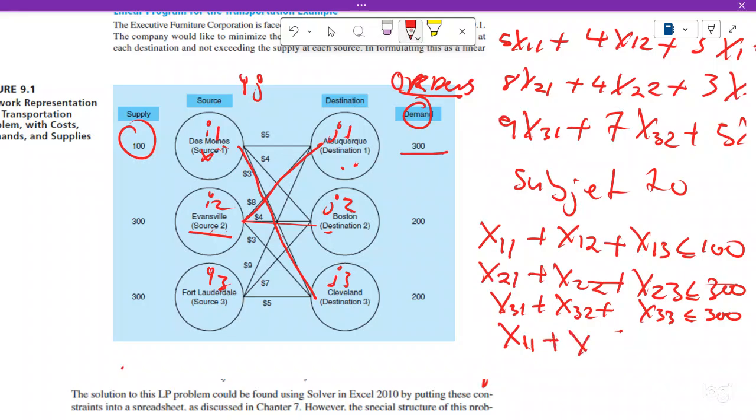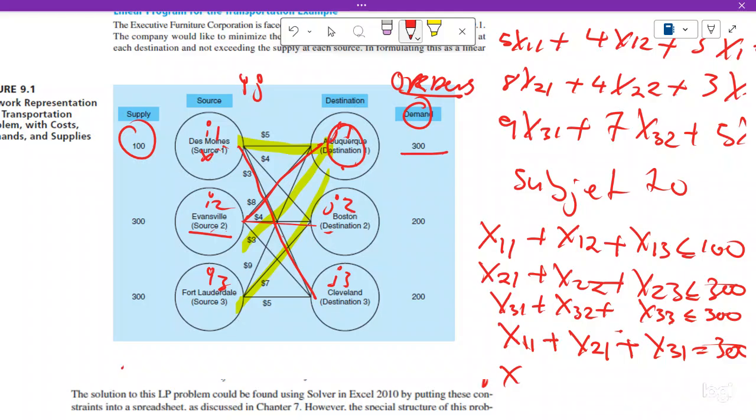Plus x2 1, it doesn't change. Then plus x3 1. Now this guy is receiving from here, from there, and from there. Do you see that? That's why we are saying he has to receive a total of 300, and he doesn't care. Your client will always expect that.